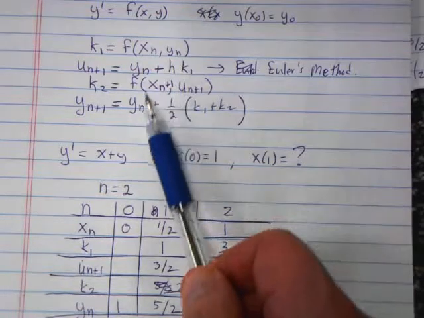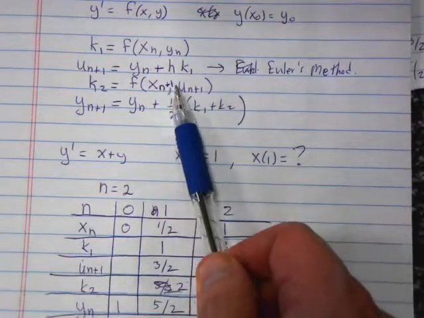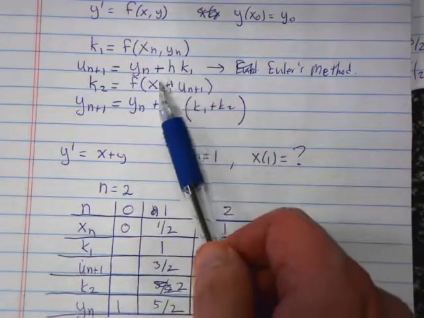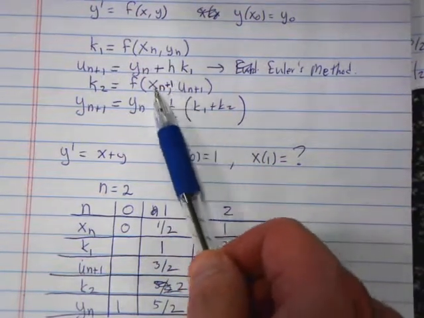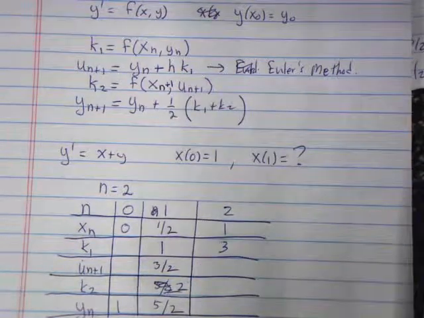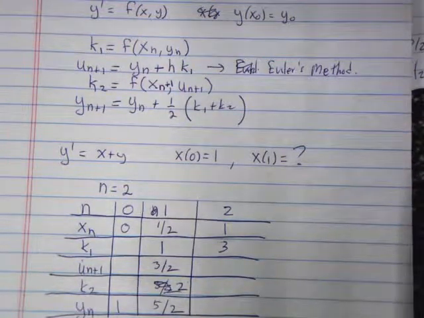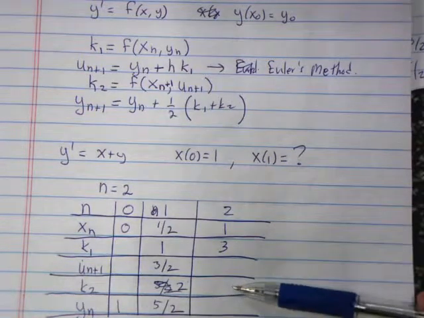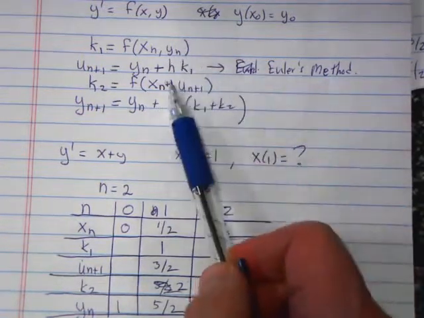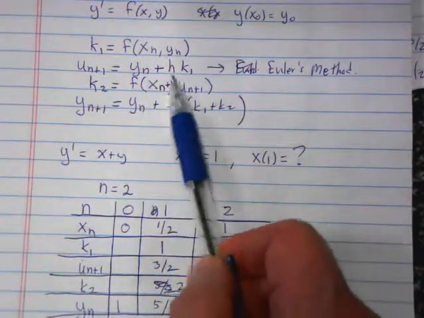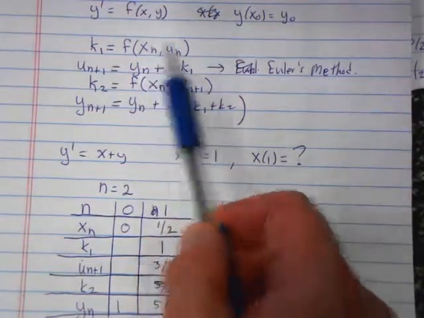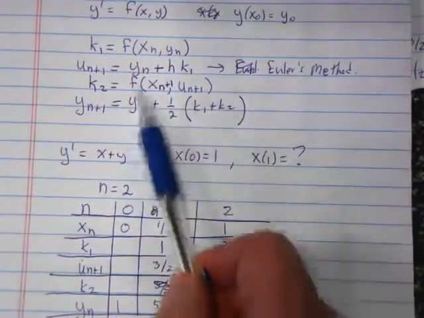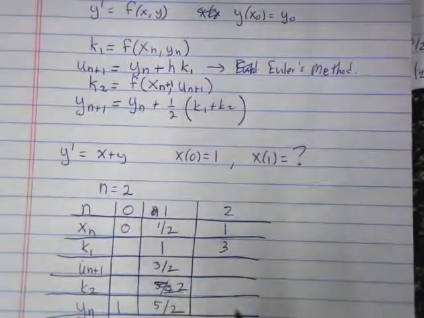So when this says k n plus 1, up here I'm using x 0, so here I'm going to use x 1. So at this point, when I come down here to find K2, now I'm trying to find Y2. So when I get here, I'm going to use x sub 2. But everywhere else where I just have the x sub n, I'm going to use x sub 1. Okay?